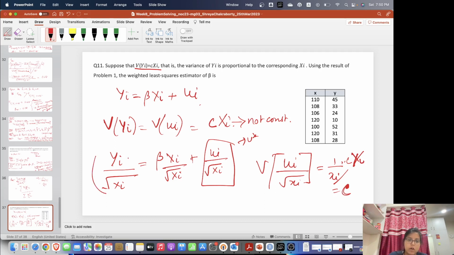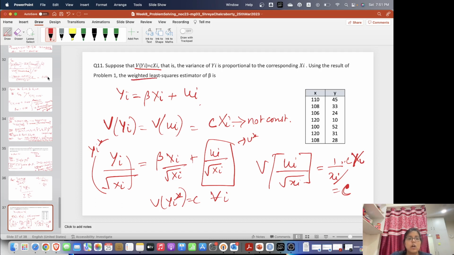So if we call this yi star, then variance of yi star equals c for all i. This transformed model then becomes suitable for OLS estimation. If with the transformed variables we go and try the OLS estimation, then we are going to get the weighted least squares estimator.